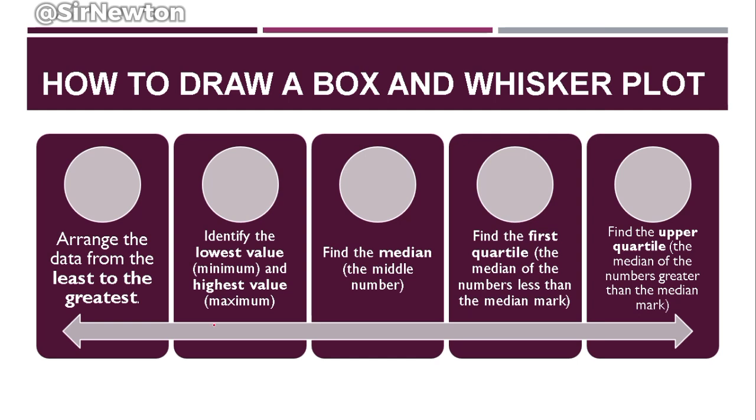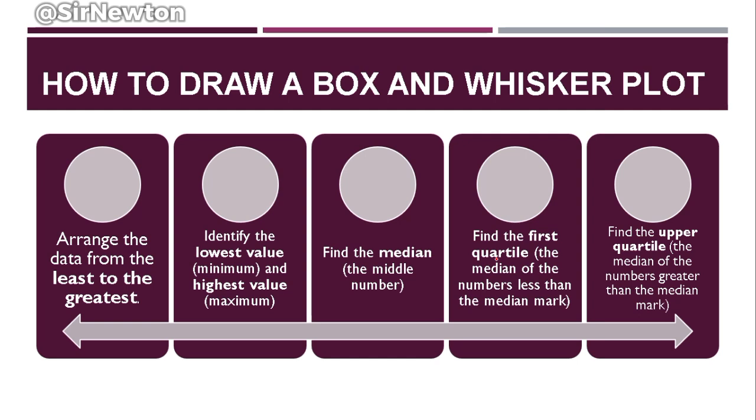When you are done, you identify the lowest value, which is called the minimum, and you also identify the highest value, which is called the maximum. Then you find the median, or the middle number of the data set. After that, you find the first quartile. Now, the first quartile is the median of the numbers less than the median mark.